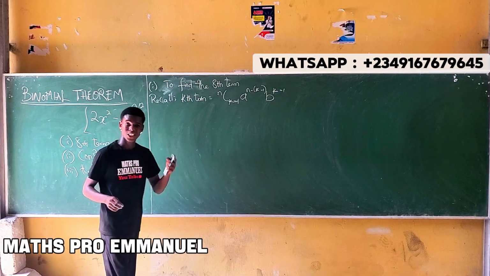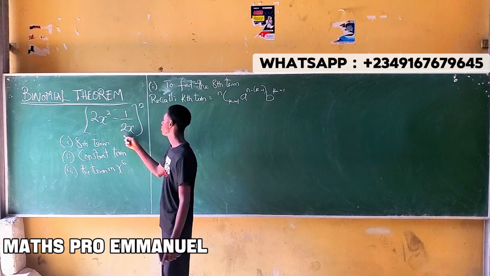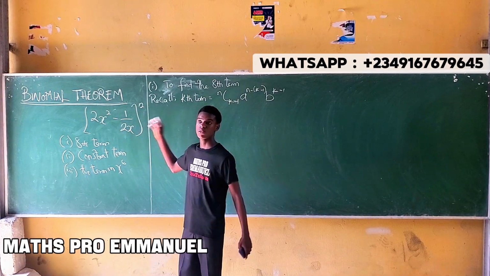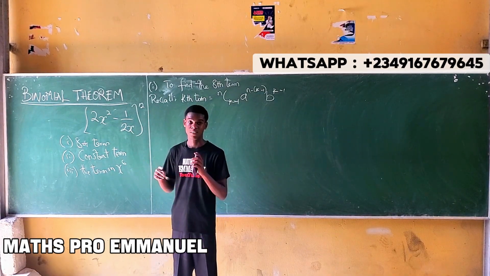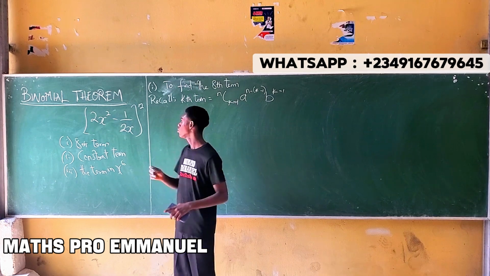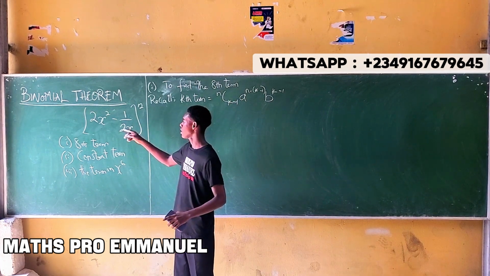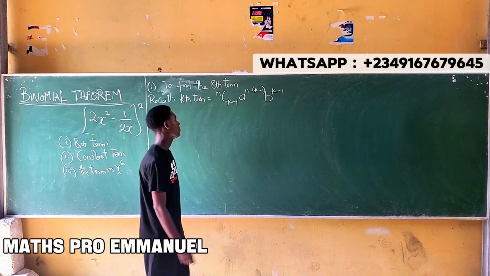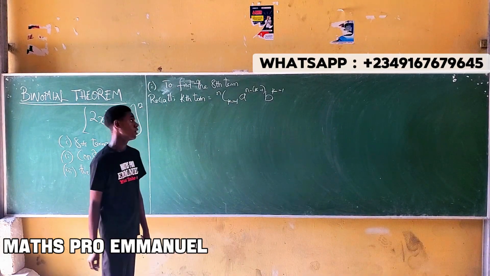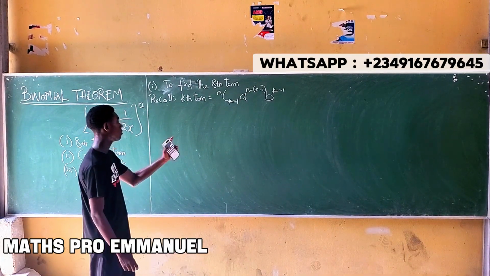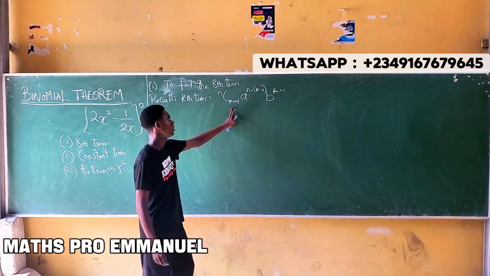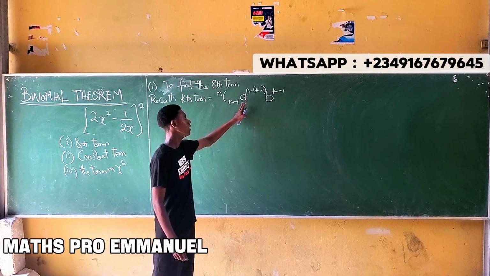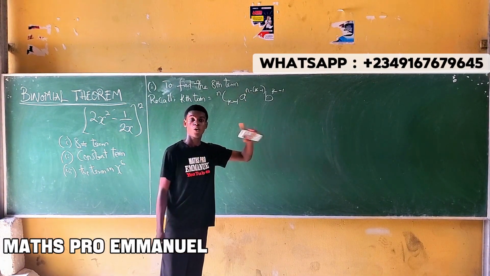You don't need to expand everything before you get the 8th term. You don't have that strength or the time to waste. With this formula, you can just input the values, and boom, you get the 8th term very fast. Now let me show you how to use it. In the formula you see k, n, a, and b.